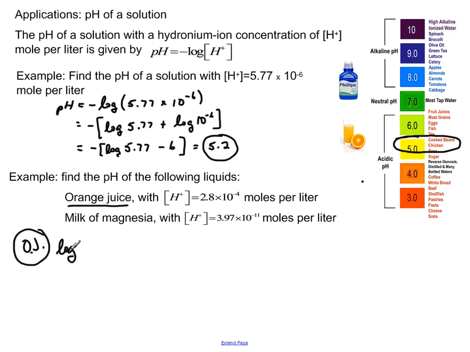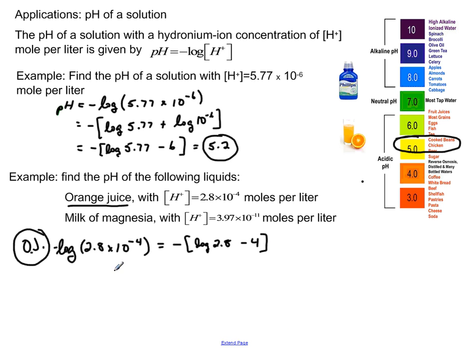I'm going to take the negative of the logarithm of that value, 2.8 times 10 to the negative 4th moles per liter. That will be the same as taking the negative of the logarithm of 2.8 minus 4.